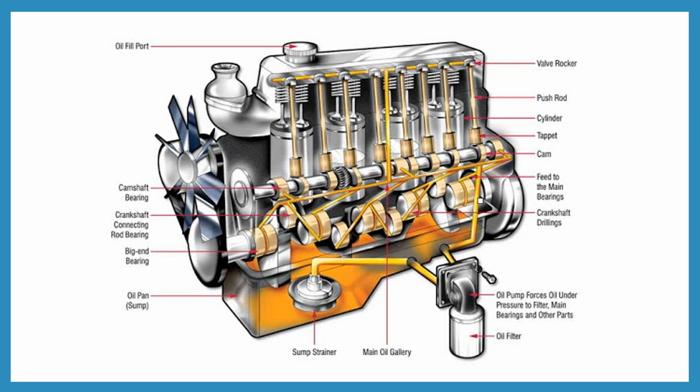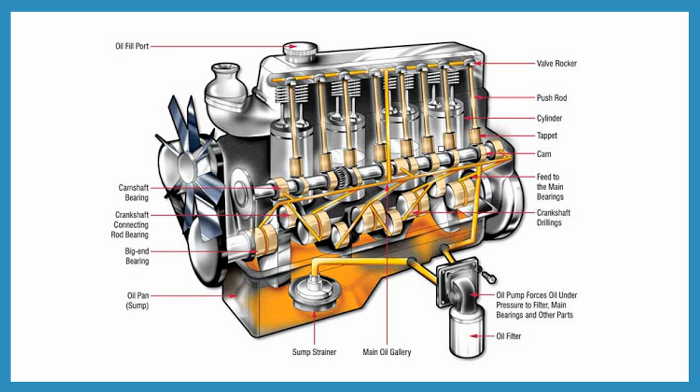Here, as you can see in these pictures, this one is called the valve rocker. This is the position to which the oil reaches: the valve rocker arm, then the push rod.